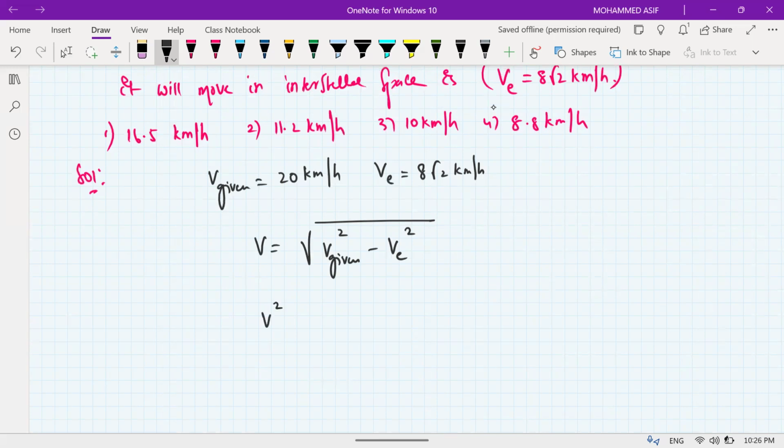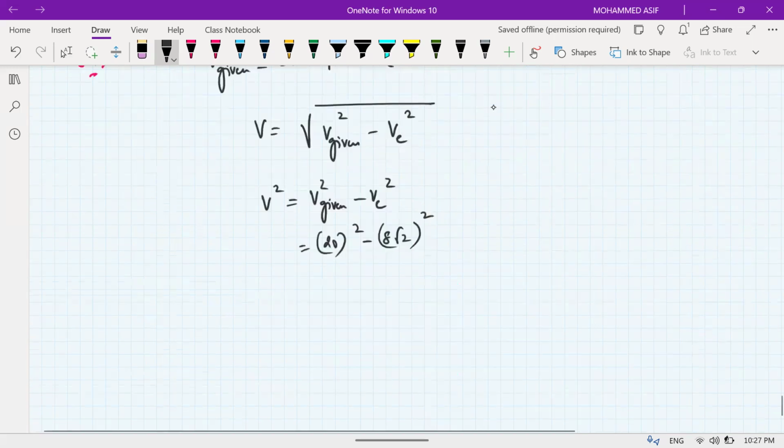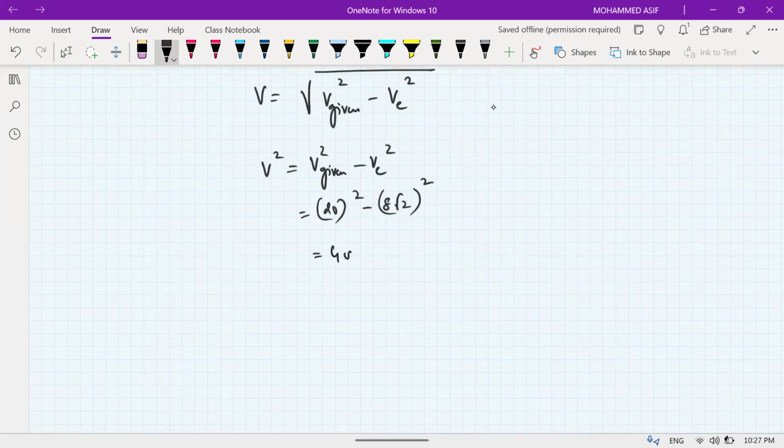So v square equals given velocity square minus escape velocity square, which is 20 whole square minus 8 root 2 whole square. 20 squared is 400, minus 8 into 8 is 64, times 2 is 128. 400 minus 128 is 272.